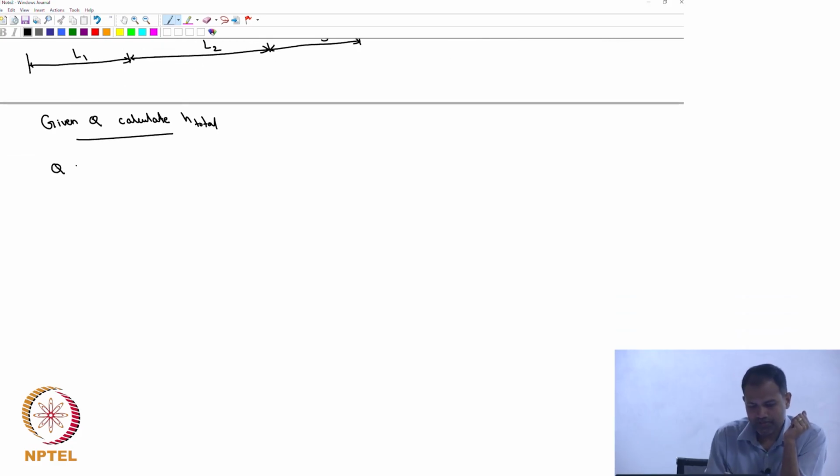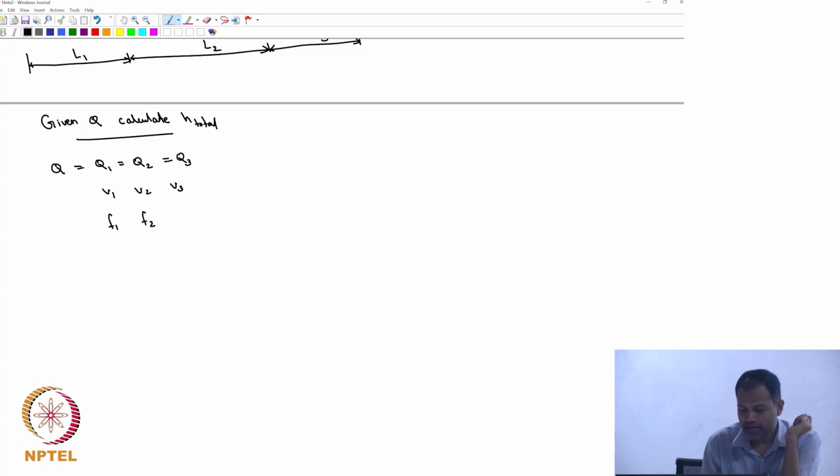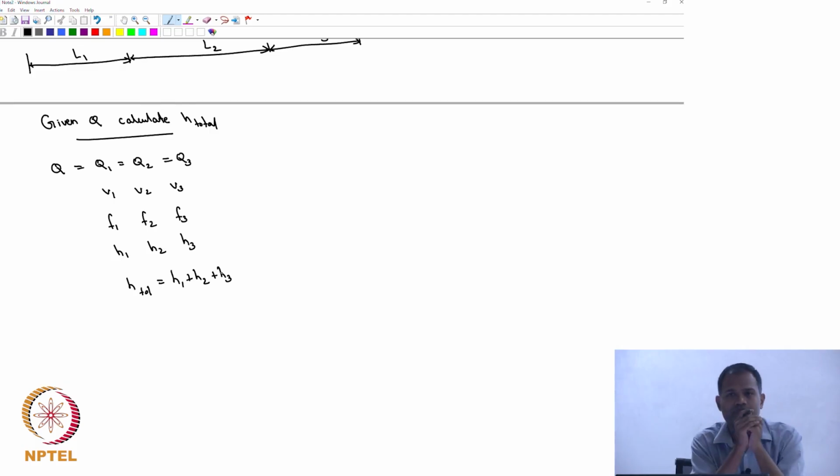Q is given, that means Q is equal to Q1 equal to Q2 equal to Q3. Flow rate through each pipe, that means V1, V2, V3 velocity through each pipe, F1, F2, F3 friction factor in each pipe, H1, H2, H3 head loss in each pipe, and H total will be simply H1 plus H2 plus H3, right?